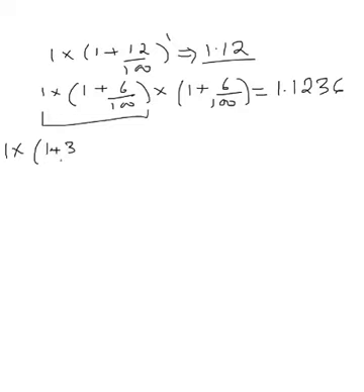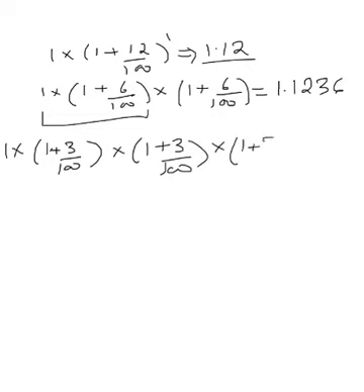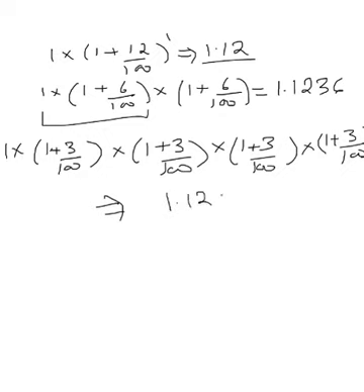In case we have quarterly compounding, we make 3% for the first quarter, then again for the next quarter, then again for the third quarter, then again for the last quarter, and this would come to around $1.1255.